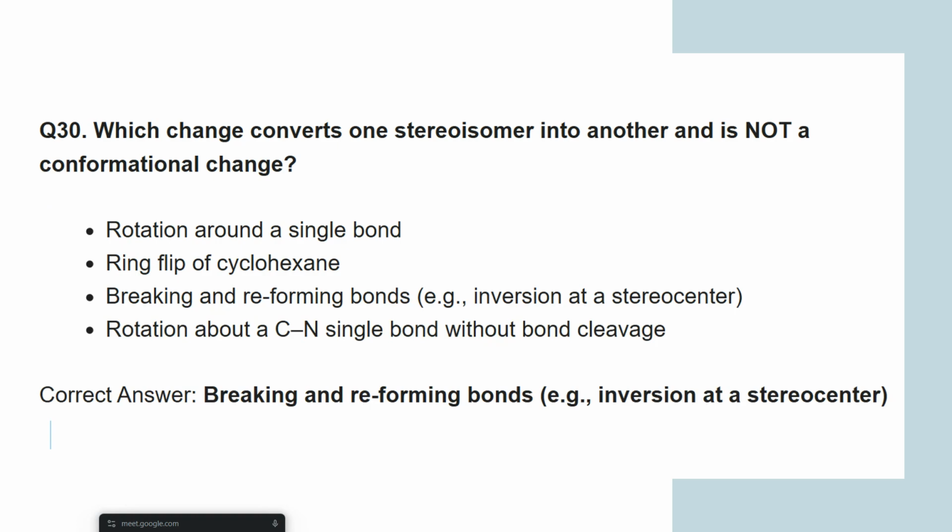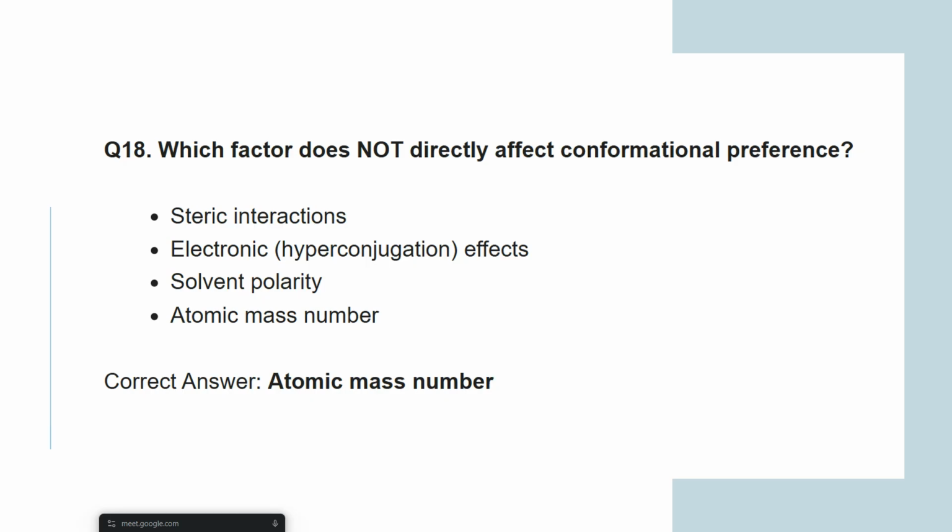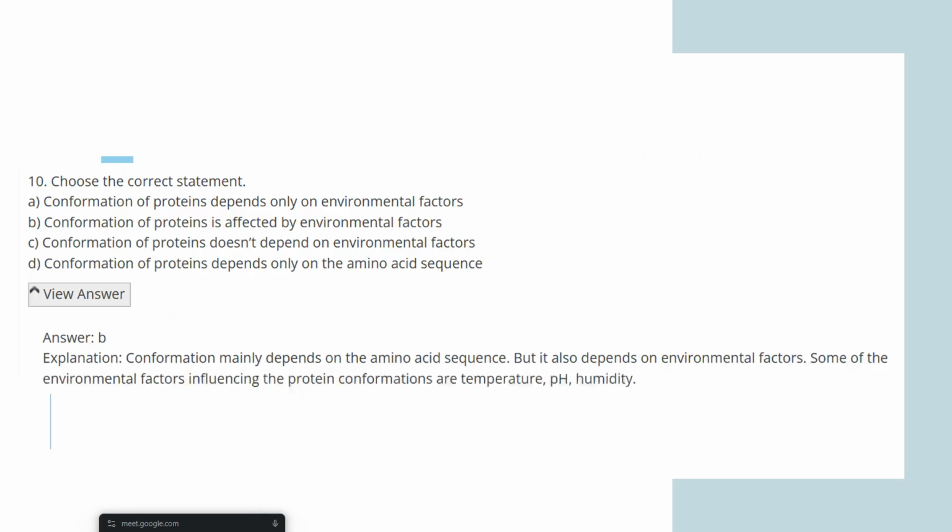After that, we again revised that there is no breaking and reforming of bonds allowed when we are talking about conformational analysis. And then we also went through the factors which do not directly affect conformational preference. And lastly, we talked about how conformation of proteins is affected by environmental factors.